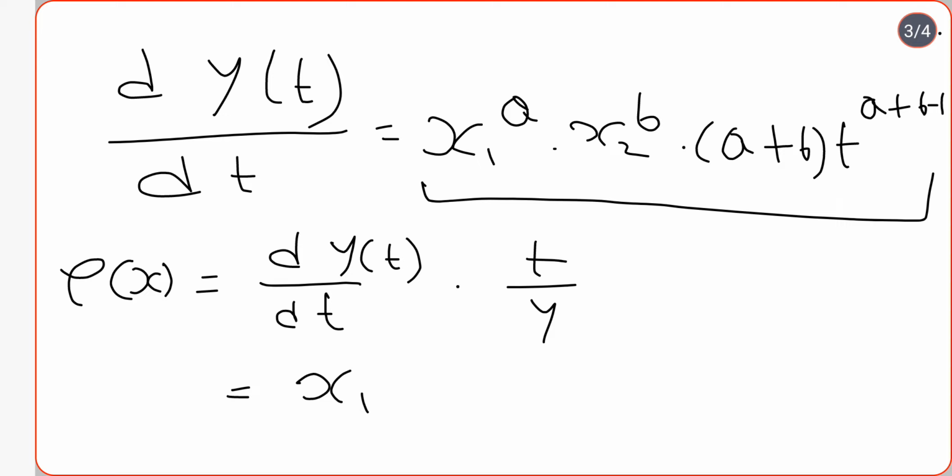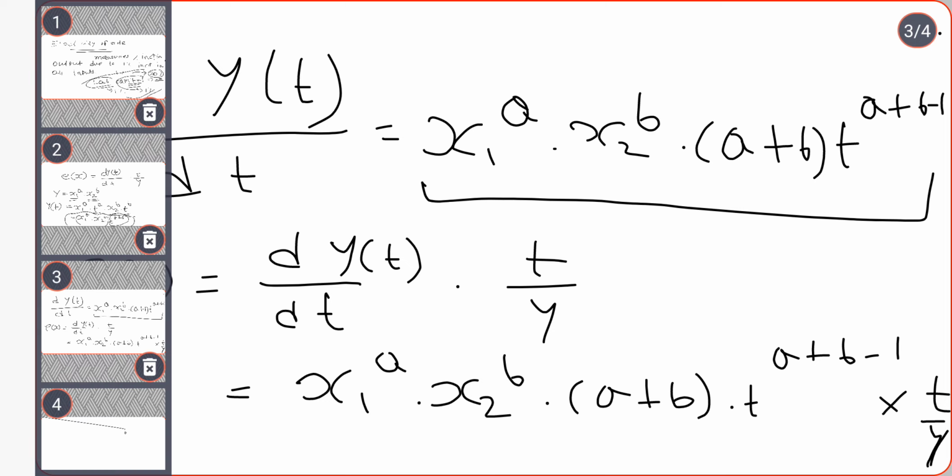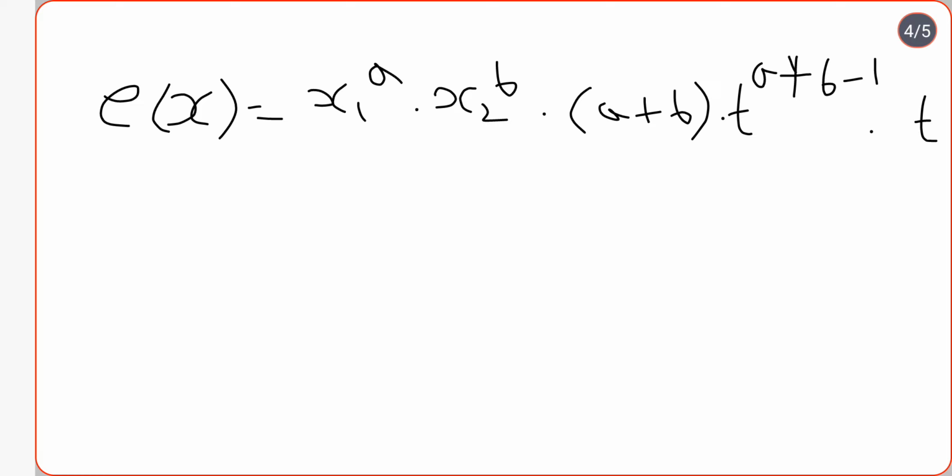So let me write this term: x1 to the power a into x2 to the power b into a plus b into t to the power a plus b minus 1. This will be multiplied by t by y.